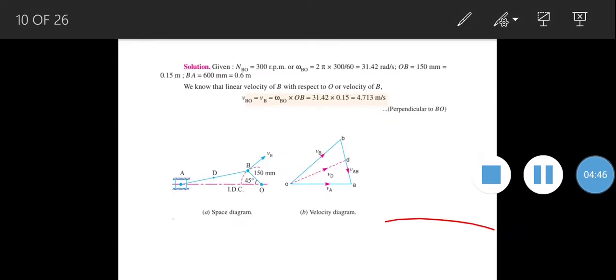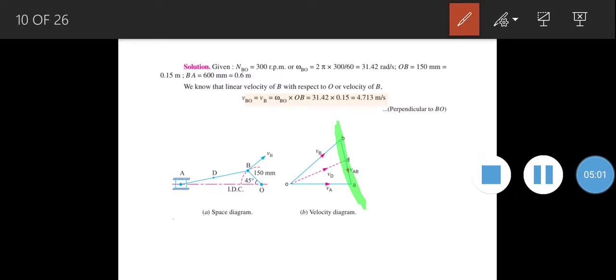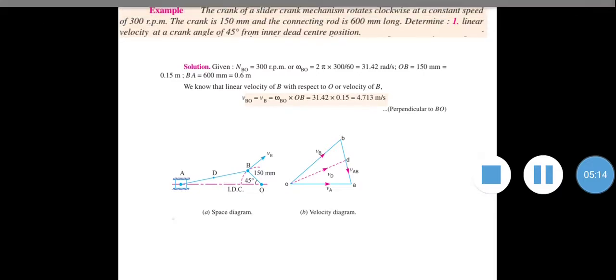This line is drawn by taking a line perpendicular to BA, parallel to this one. So we have drawn BA.